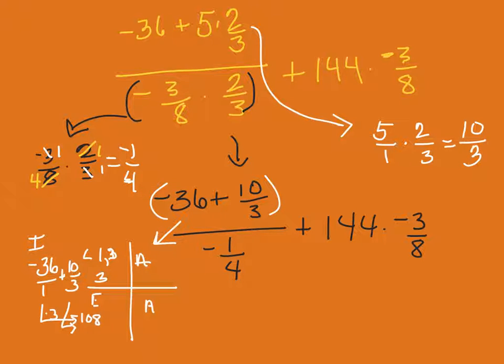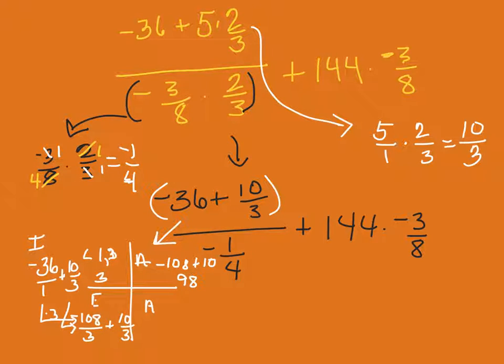That's negative 108 over 3 plus 10 over 3. I ignore the denominators because they're now the same, and I've got negative 108 plus 10. The signs are different. Find the difference. So I've got negative 108. Take away 10 gives me 98.